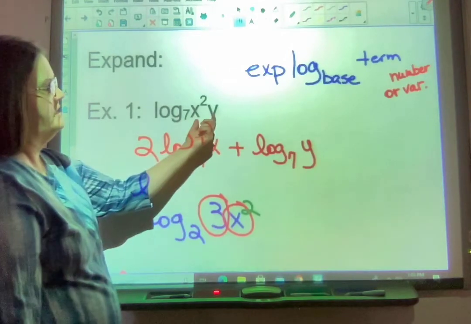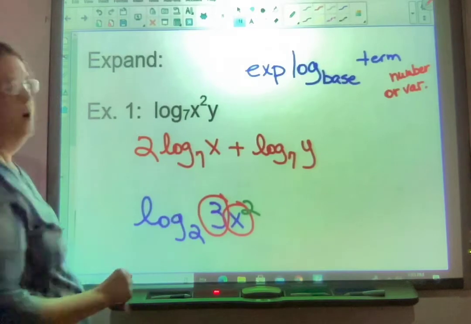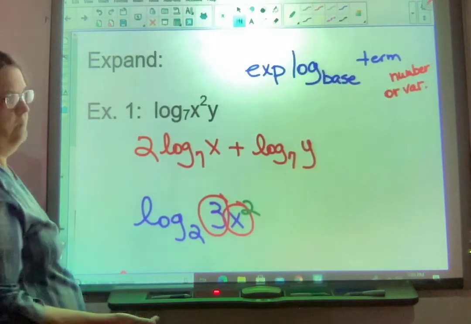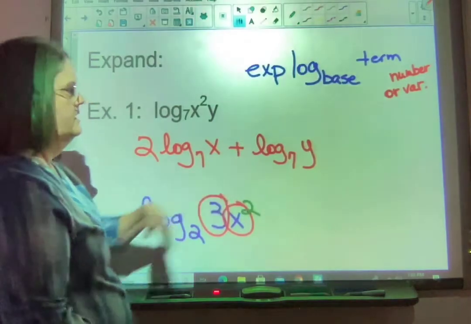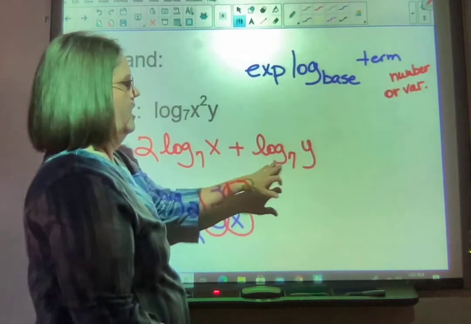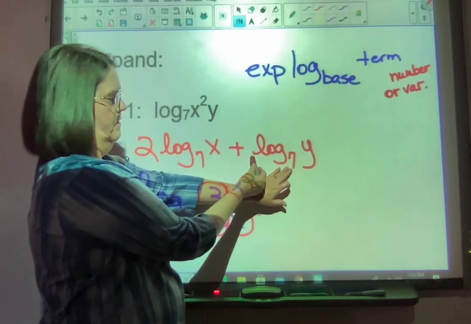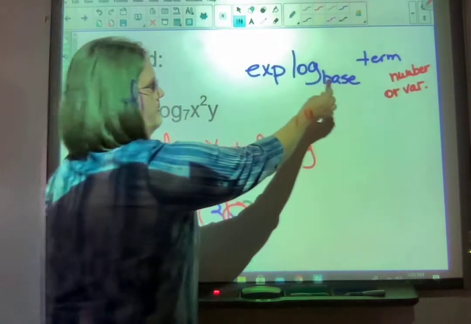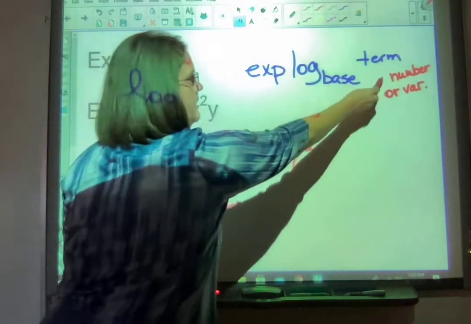Now, because x squared and y are being multiplied right here, you use the product property, which says when they're multiplied, we use an addition symbol. So you write plus, and then you do the same thing, log base 7 of y, but the y doesn't have an exponent, so there's no number there. So it's exponent, log, base, number or variable.